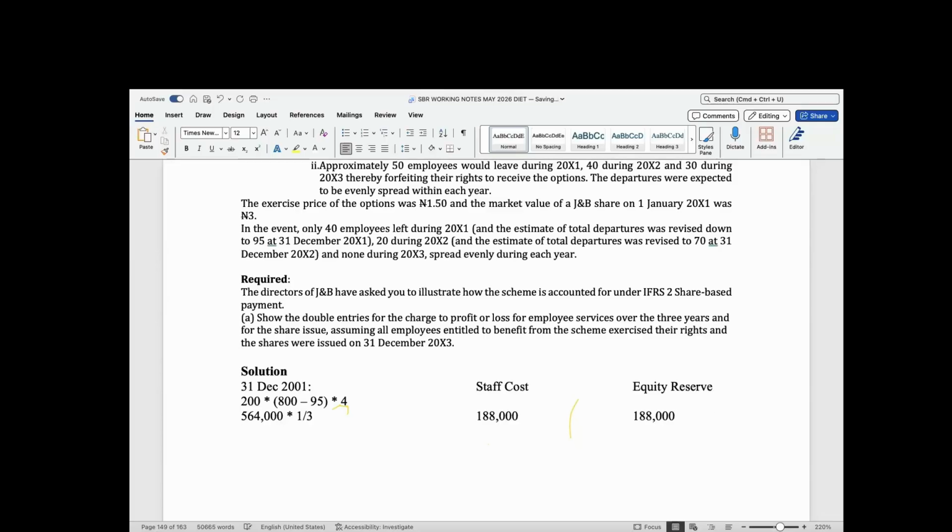Then in 2002, the entity's estimate of total departures was revised down to 70. So how many people are estimated to not leave?